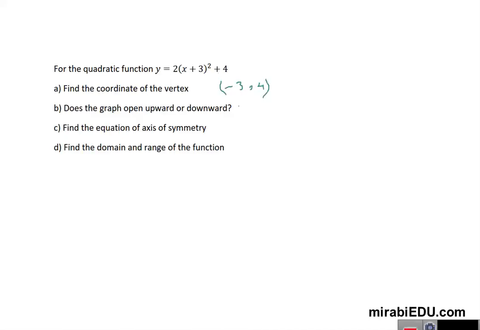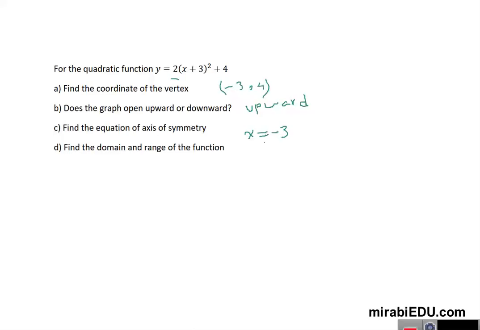Does the graph open upward or downward? We can say it opens upward because of this coefficient, which is positive. Find the equation of the axis of symmetry. The axis of symmetry is the same as the x component of the vertex.